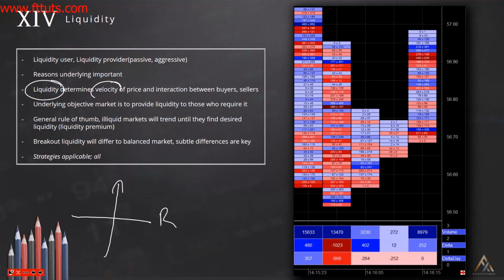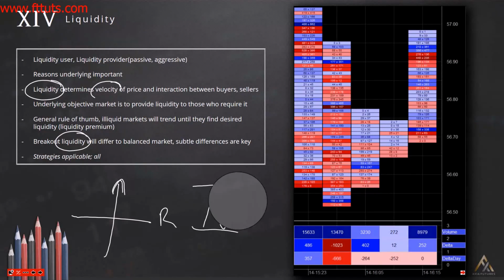There's far less responsive sellers coming into the market providing that desired liquidity. Therefore, we're going to have a far more illiquid situation, and prices can therefore move a lot quicker. Obviously in a balanced market situation, both buyers and sellers are providing liquidity to the market, and therefore markets can remain relatively subdued and sideways.